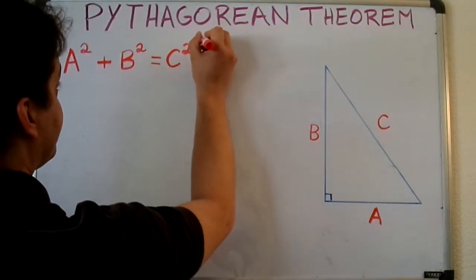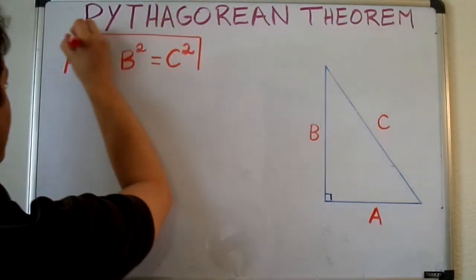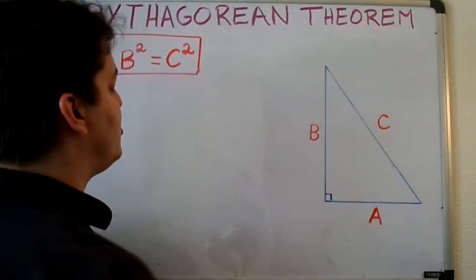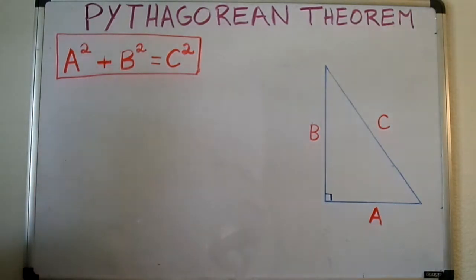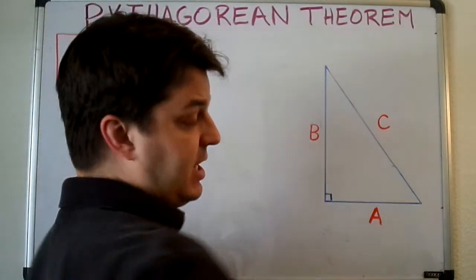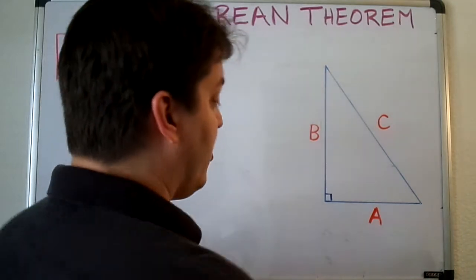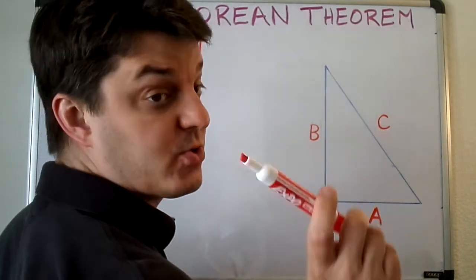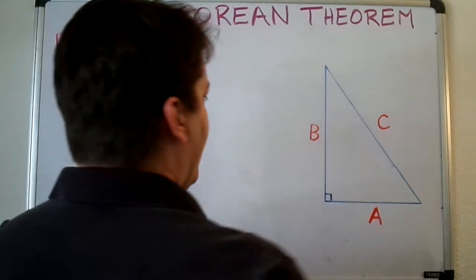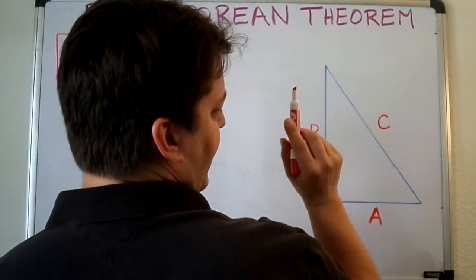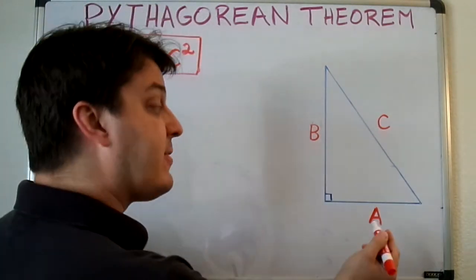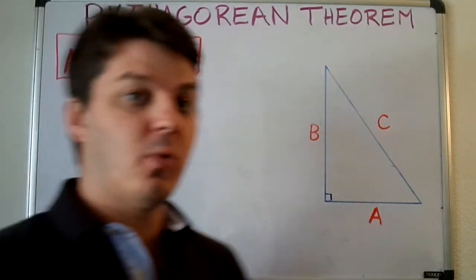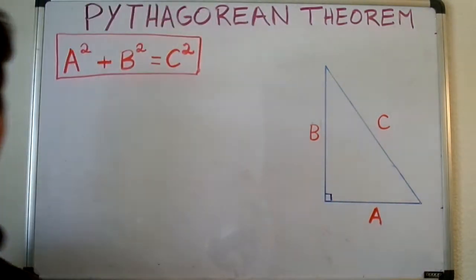There it is. Now there's different ways we can move this around to figure out certain sides. Generally we use this when we know the lengths of two sides and need to know the length of the third. If we know the length of this side and this side, we can figure out that side if we have a calculator, because we need to use square roots. We're not going to get to square roots yet. If we know B and C, for example, but need to find A, we would move around parts of the equation, but we're not going to worry about that right now, okay?